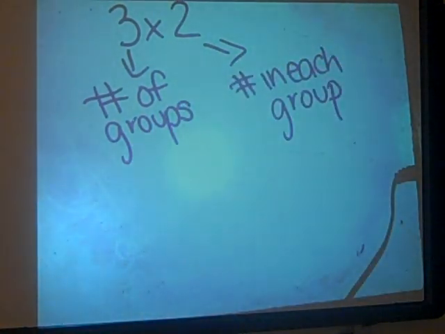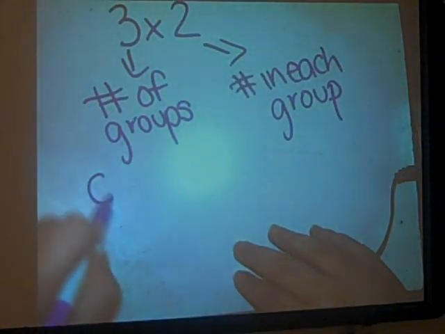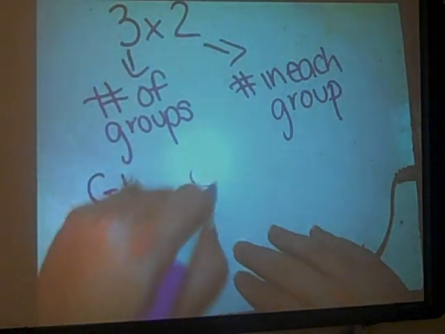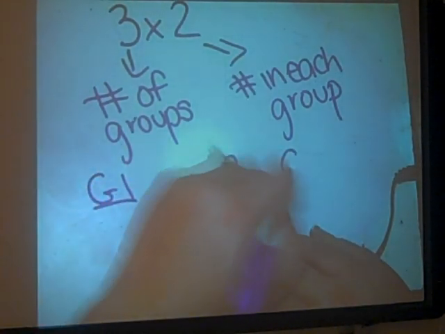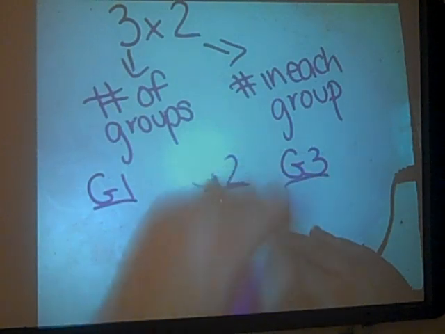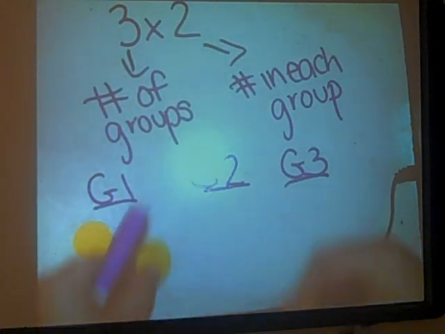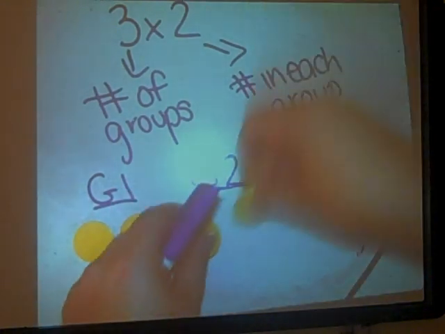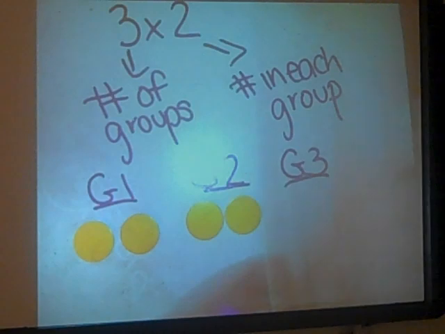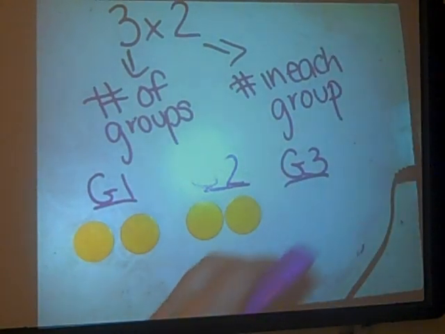So for this, I should see 3 groups. So you do G1, G2, and G3, and that shows me 3 different groups. And you have positive 2 in each group. So 1, 2 in that group, 2 in this group, and 2 in our last group.